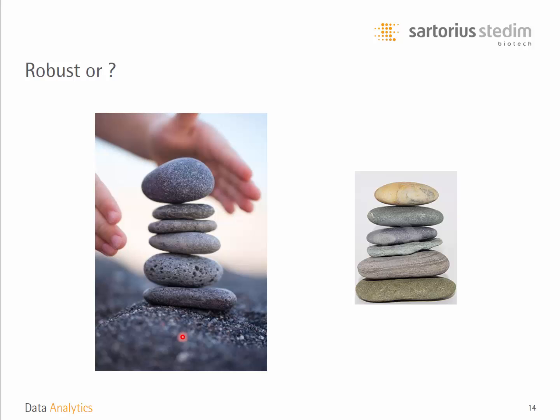In case there is a lot of wind blowing from the side, there is a risk that this pile of stones will fall apart. Whereas an optimal pile of stones will have some stability and resist, for instance, the influence of wind and rain and kids playing around it. It need not be maximally high or maximally tall, but it will definitely withstand a lot of perturbations and therefore be considered much more robust.